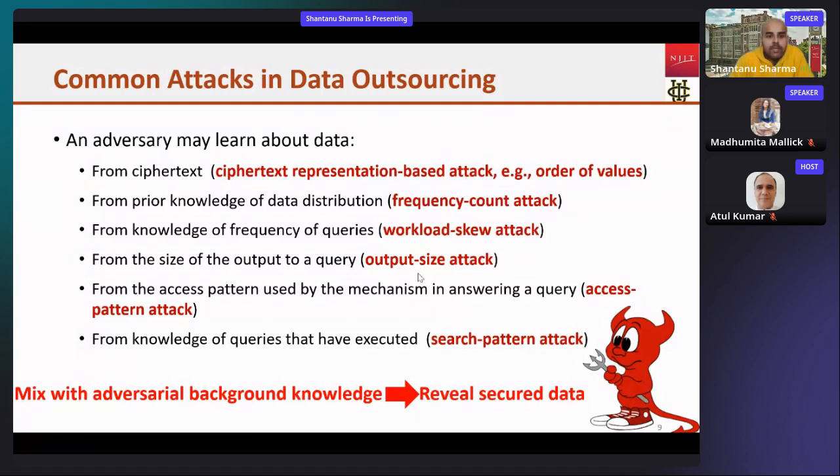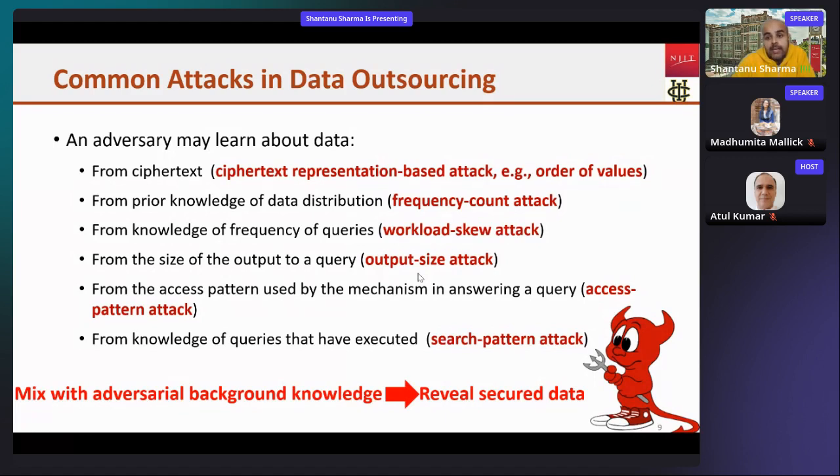The first one is the ciphertext attack. Whenever we store our data at the server side using cryptographic techniques, the cryptographic technique itself can reveal something about the data. For example, it can reveal the distribution of the data, meaning how many employees are working in the computer science department, and how many in the electronics department.